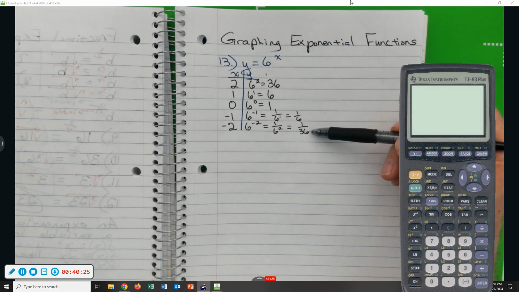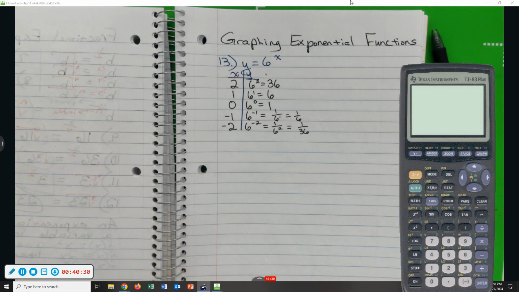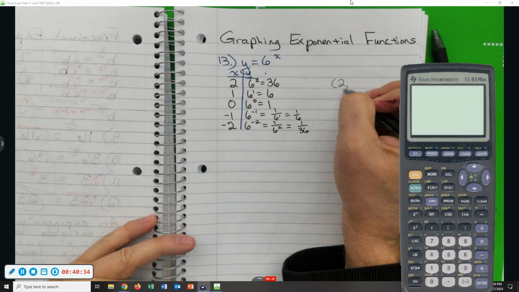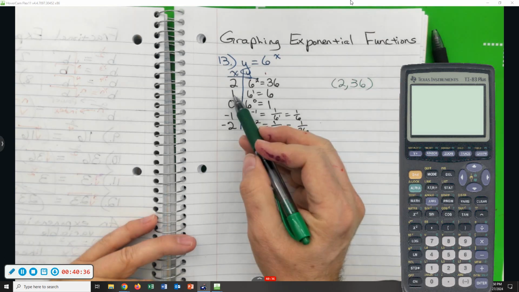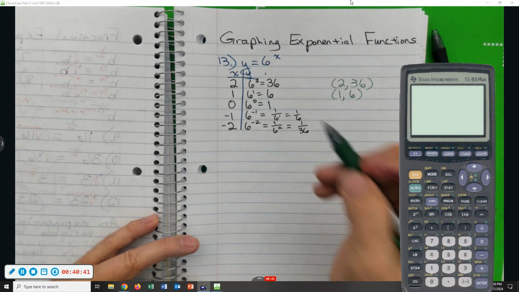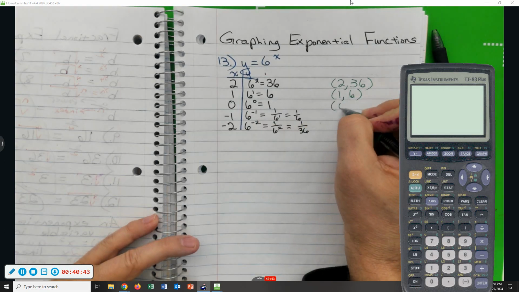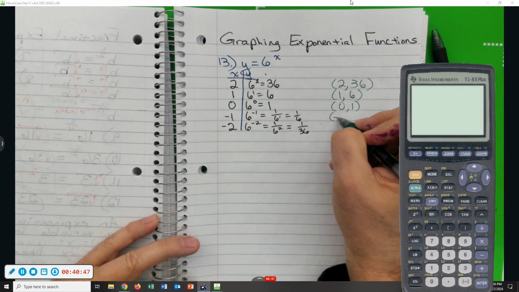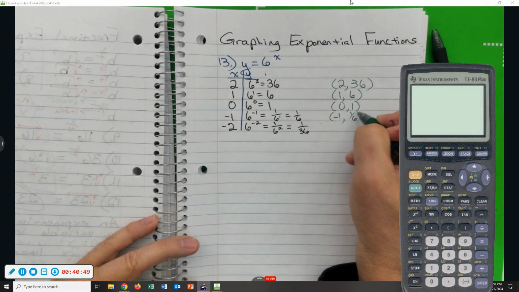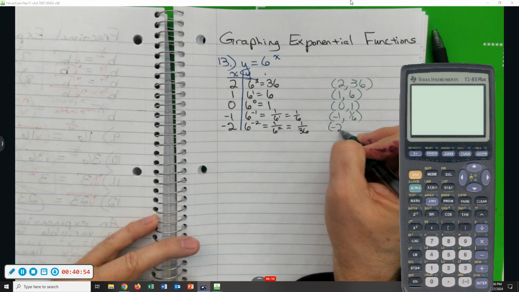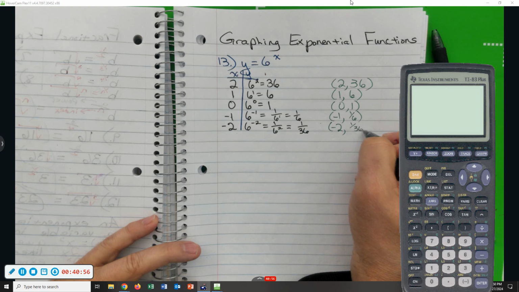It'd be extremely close to 0. Do you all see the ordered pairs we've created? We have 2, 36. We have 1, 6. We have 0, 1. We go left 1, so negative 1, up a sixth of a unit. Left 2, up 1/36 of a unit.